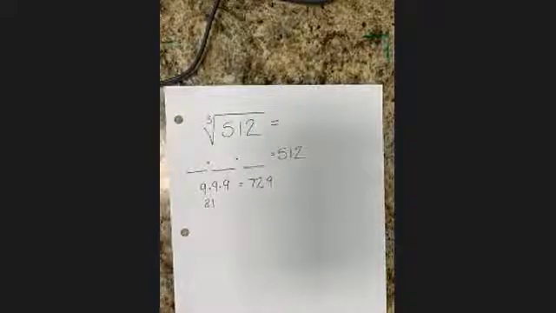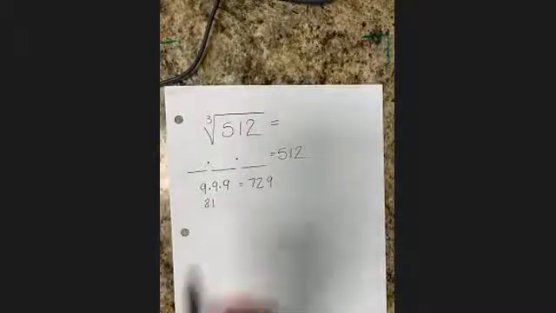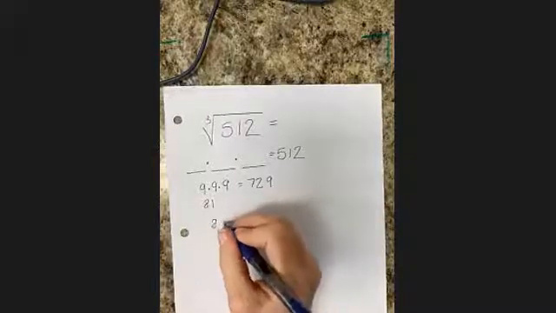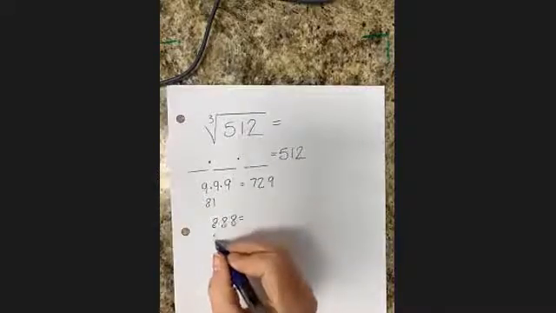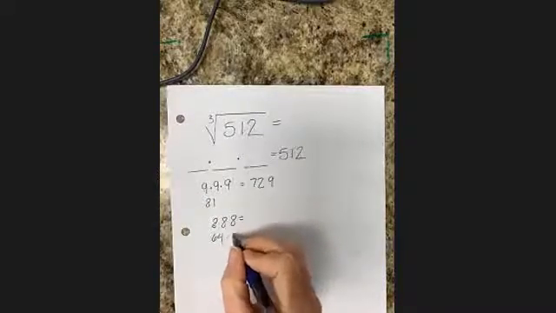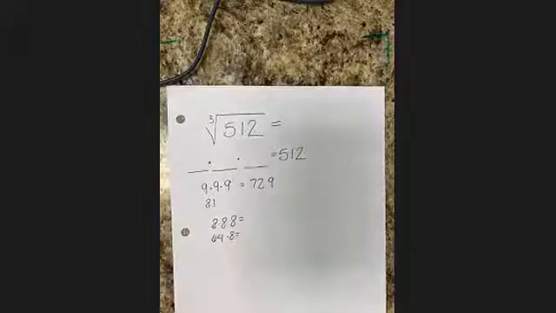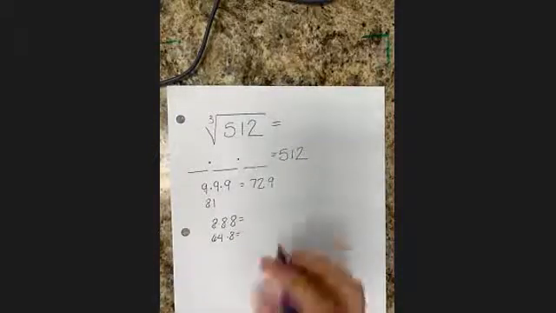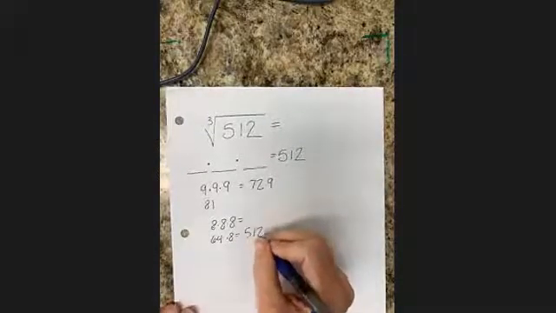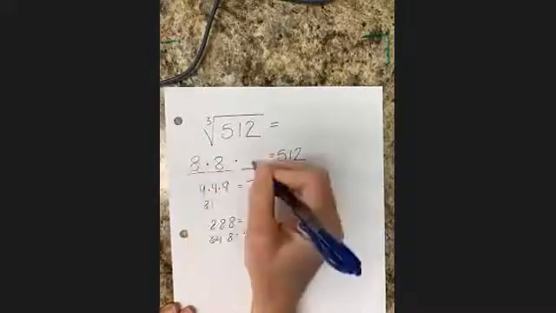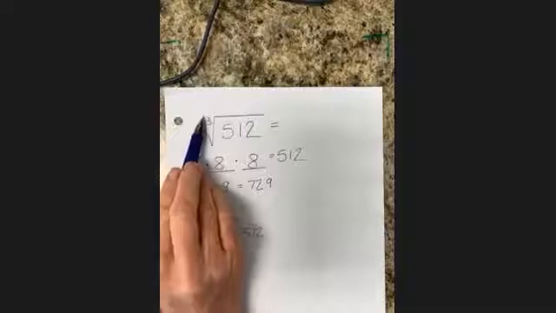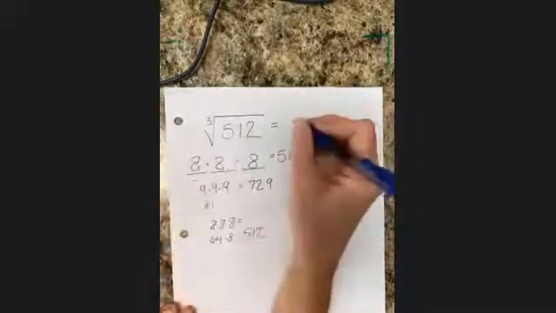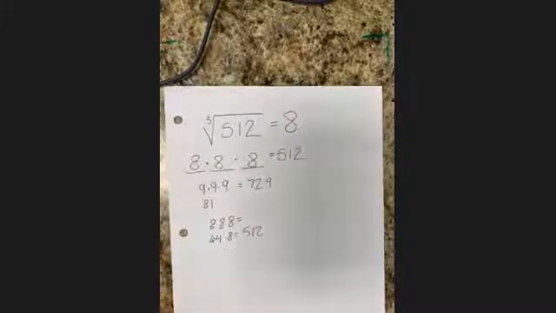So should we try 8? 8 times 8 times 8 equals, okay, so 8 times 8 is 64. 64 times 8 is 512. There it is. So 8 times 8 times 8 is 512. So the cubed root of 512 is 8.